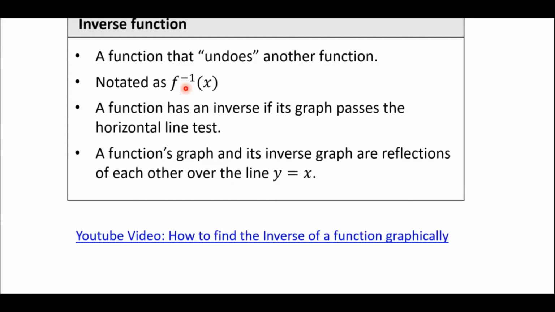Anytime you see that little -1 up top, an inverse function, a function has an inverse if the original function passes the horizontal line test. I'm sorry. A function's graph and its inverse are reflections across the line y equals x.